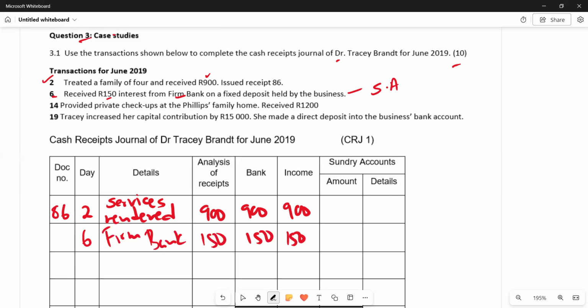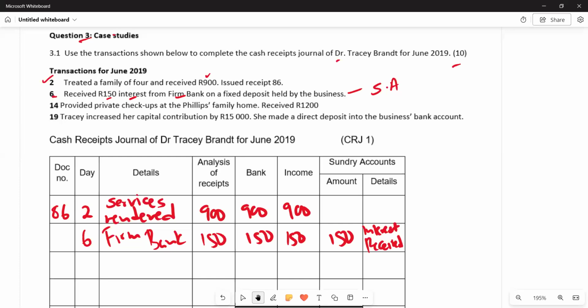So we are going to say the amount is 150. And on the details part, we know from the description that this is interest that has been earned, so we're going to say interest received. Interest received is it, and then we can move on to the next transaction that we have there.